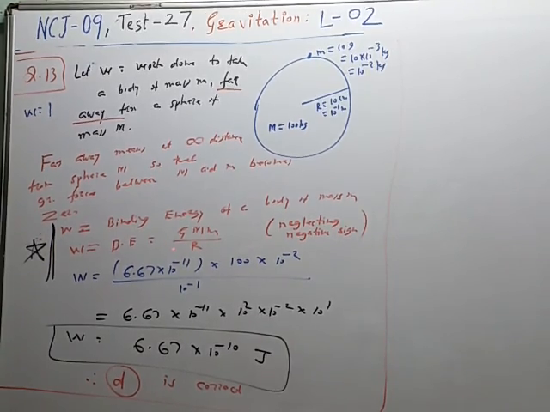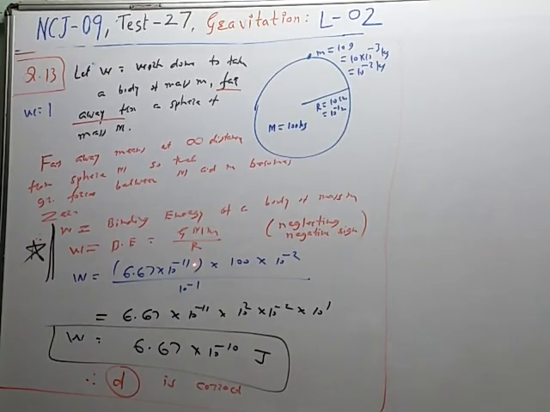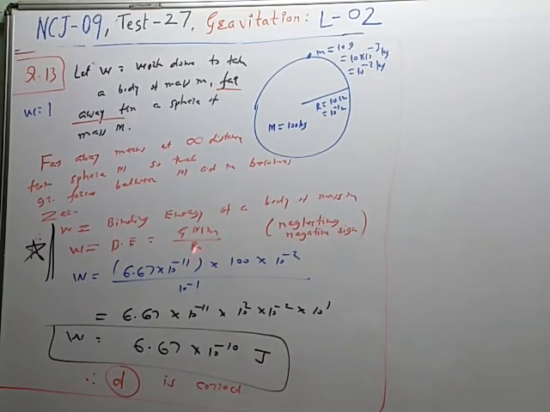Actually binding energy has a minus sign, sorry, binding energy is always positive, and therefore this GMm upon R is the formula, because h is equal to 0 in this case, otherwise here R plus h will be there. So this is about question number 13.